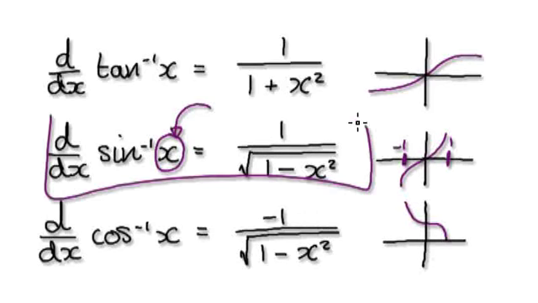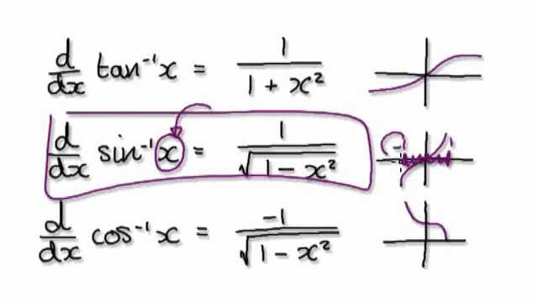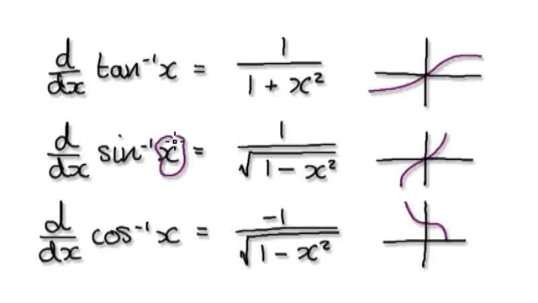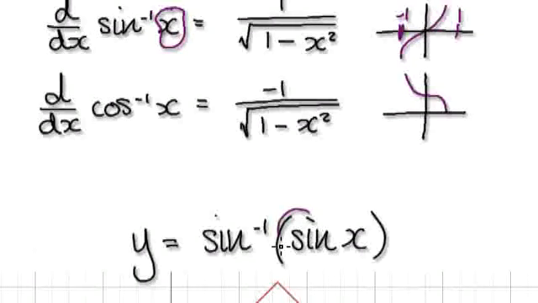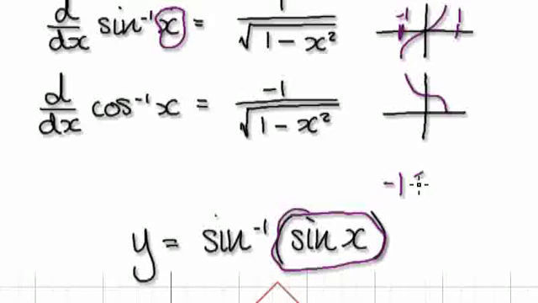So this only makes sense if you are restricted within -1 and 1. So when you look at this, this whatever has to be in between -1 and 1.